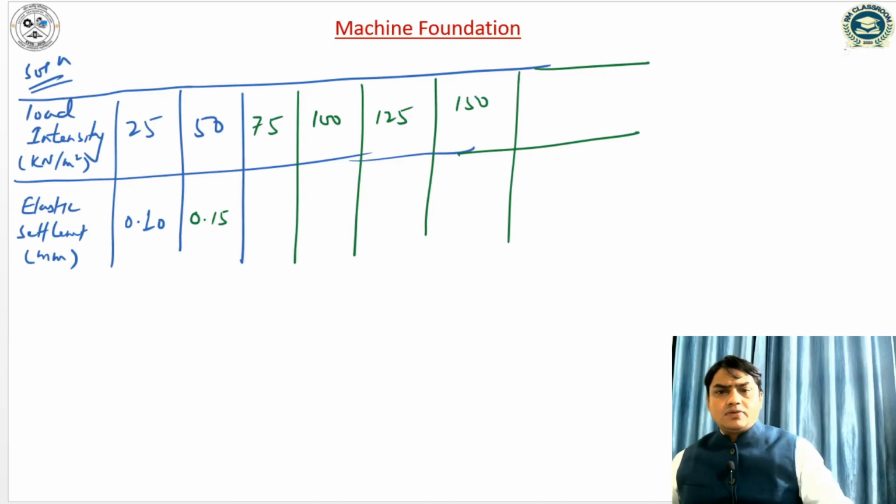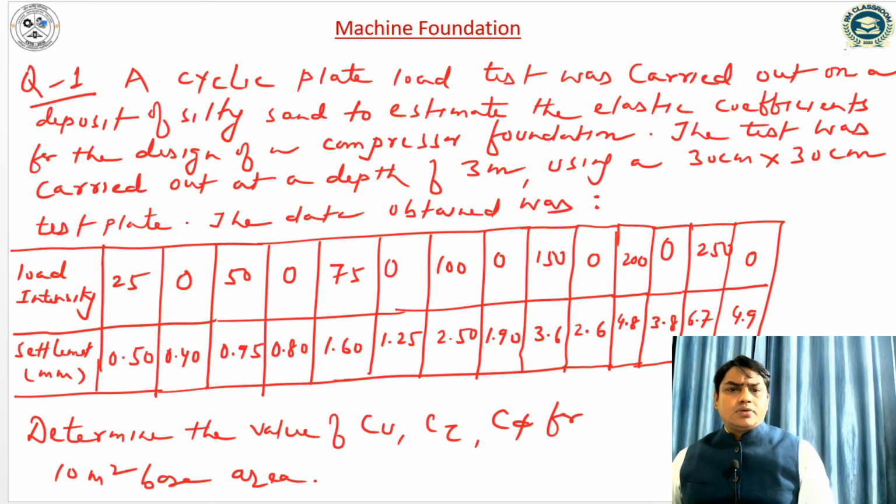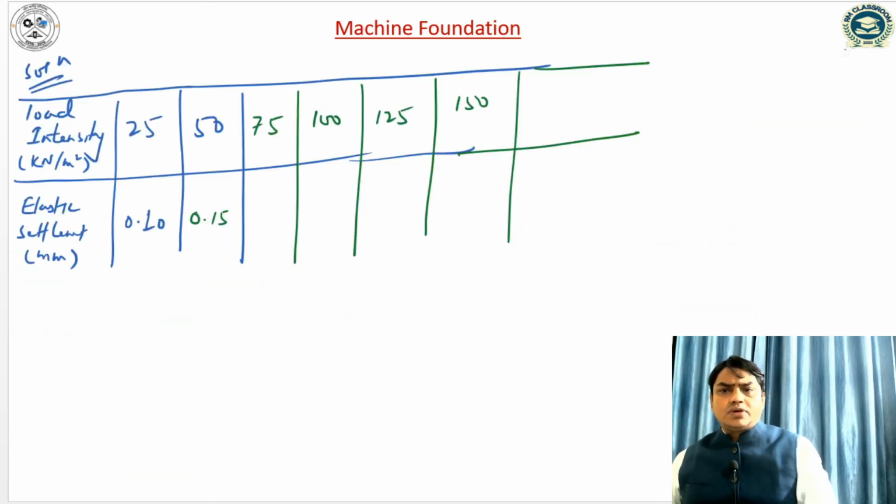Then it will be 100, after that 150, 200, 250.